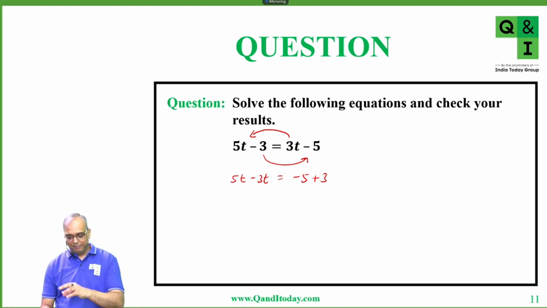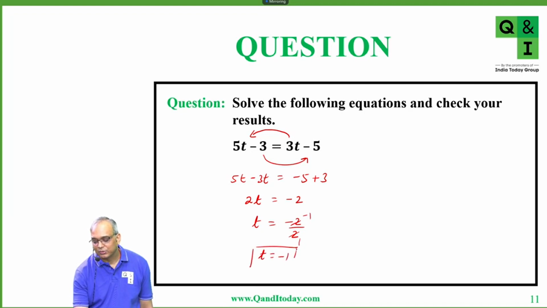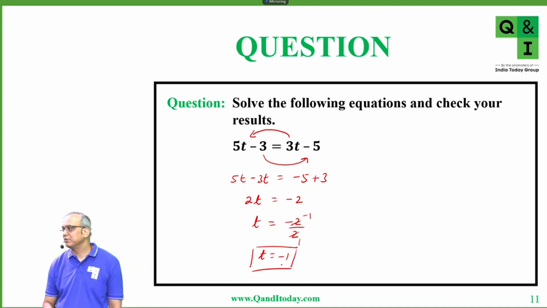Minus 3 will become plus 3. So 5t minus 3t is 2t. Minus 5 plus 3 is minus 2. Now 2, when you bring it to the other side, it will divide because it is multiplied here. Minus 2 over 2, which is t is equal to minus 1. So the answer is t is minus 1, which most of you have got.